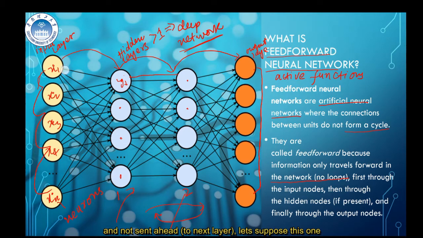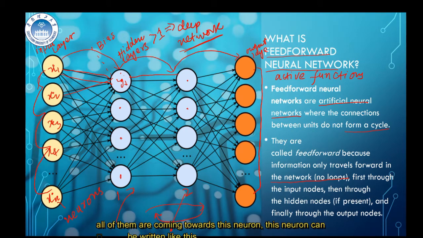Let's suppose there's one neuron that gets these inputs, two, three, and there is one we call bias. All of them are coming to this neuron.